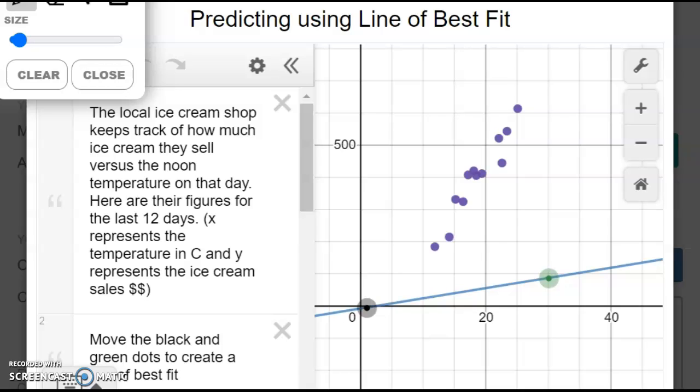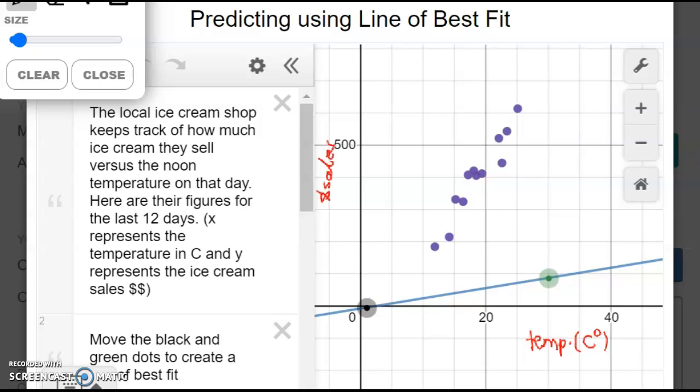Before we do that, I do want to make some sense of this data we have. So what is the x-axis? That is the temperature in Celsius, degrees Celsius at noon, whereas the y-axis is the amount of money made, ice cream sales.